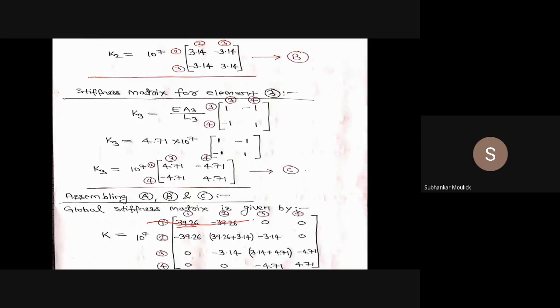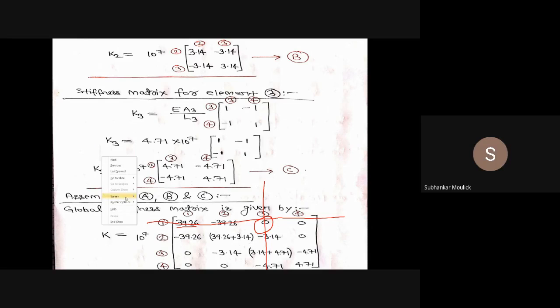In equation number C, there is no first row and third column. That means this particular value is not available in any of the equations A, B, and C, so I have to put it as zero. Is it clear to all of you?